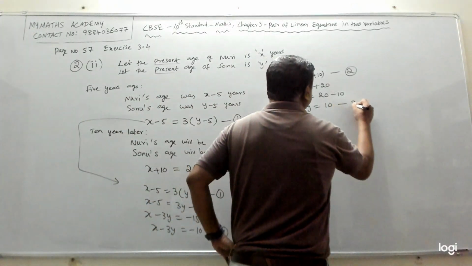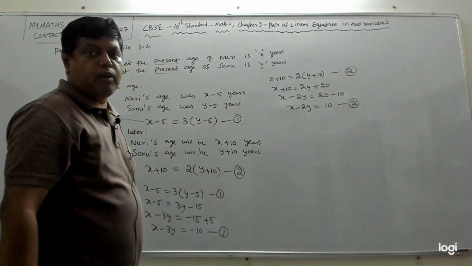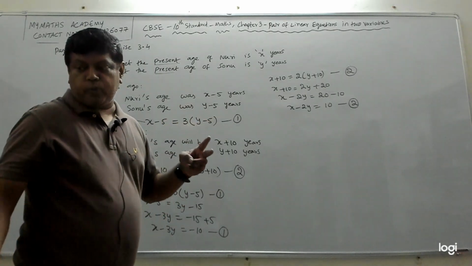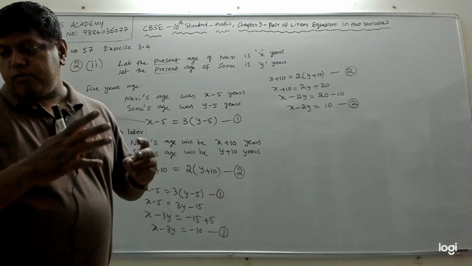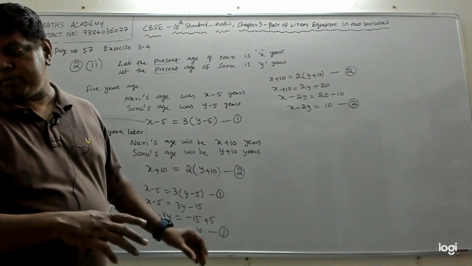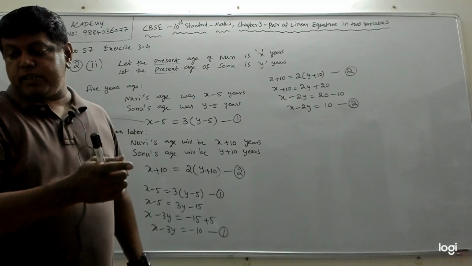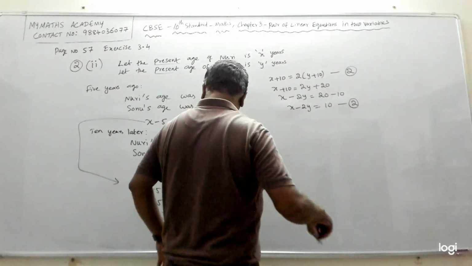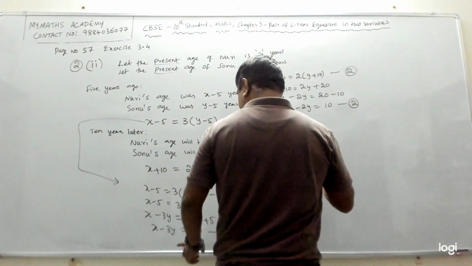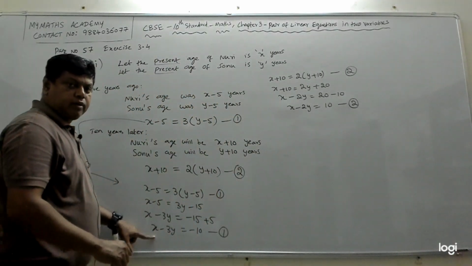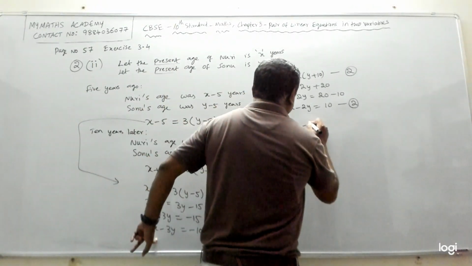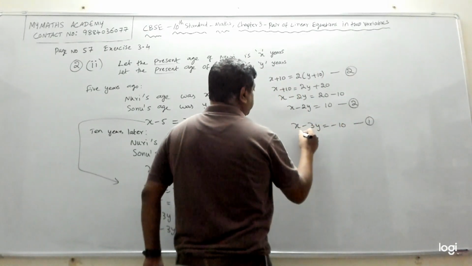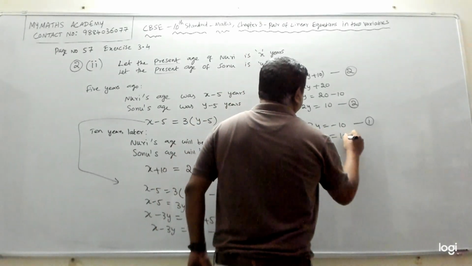Now we need to solve these two equations by the method of elimination. Before solving, this also has three parts. The question says: form the linear equations for the following problems and find their solution if they exist by the elimination method. So the two equations after forming are: the first, x minus 3y equal to minus 10, and the second, x minus 2y equal to 10.